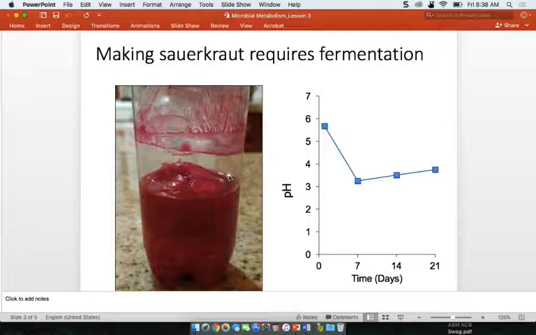When it becomes acidic, it goes to a pink color. More basic, it kind of becomes blue almost. So that's one way you can tell that it's been fermented, by that color change. And this one, obviously, a drop in pH here.